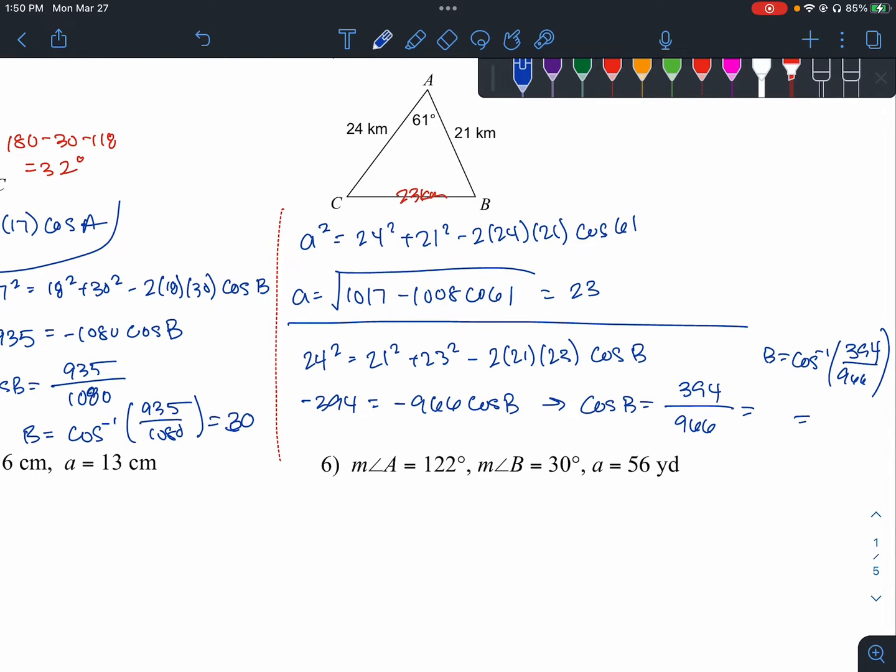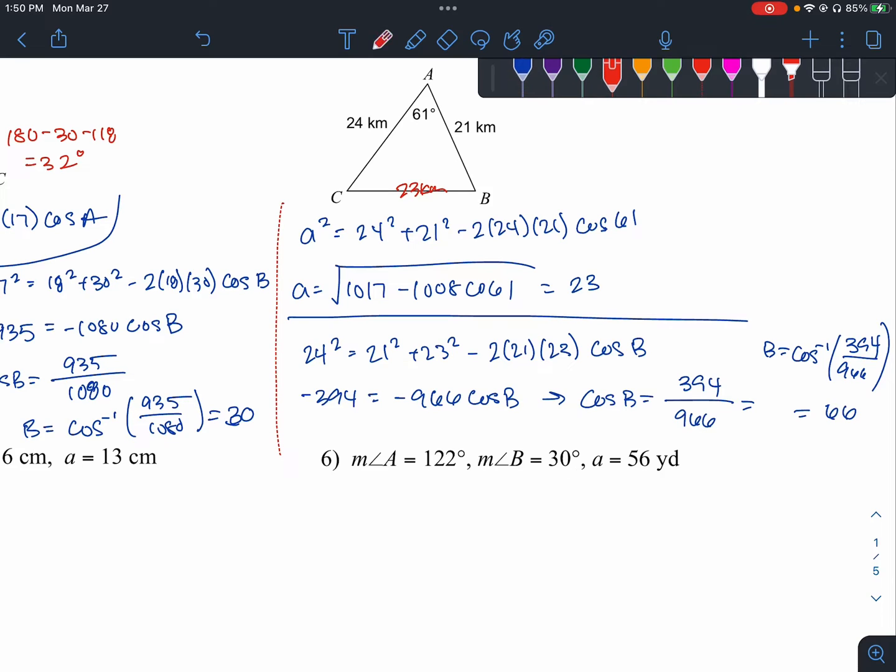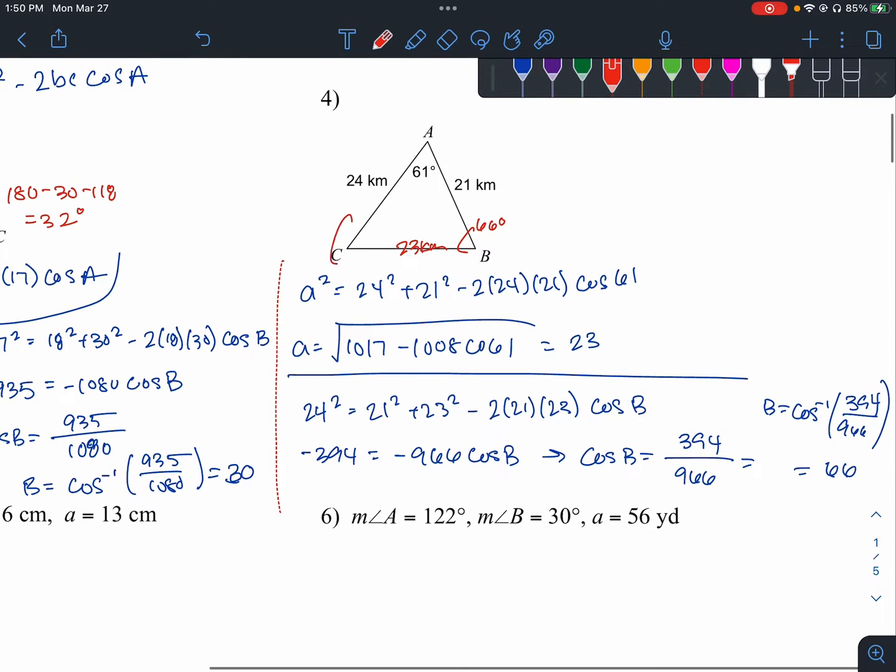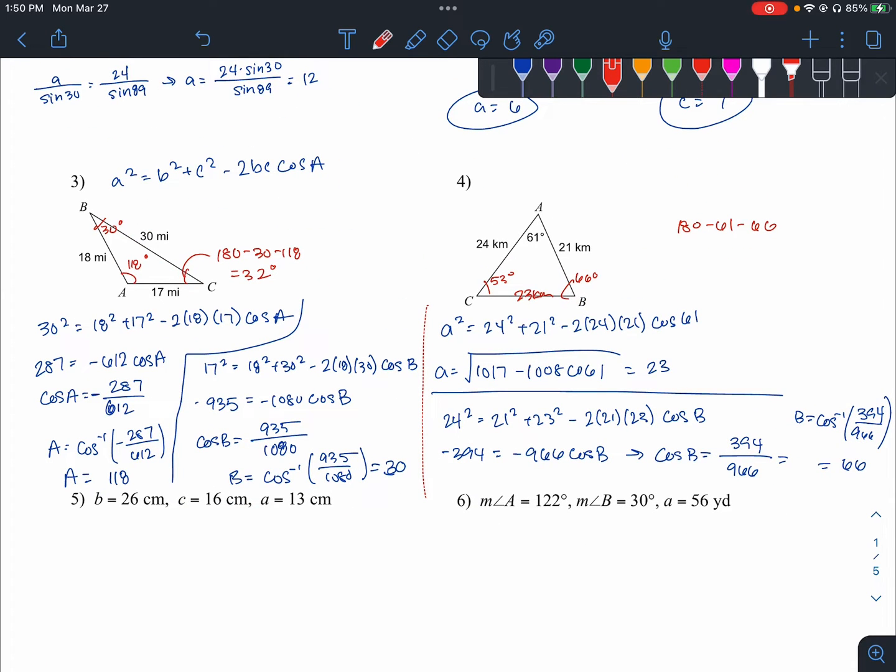We're just going to round that up to 66. Okay, so 66 degrees here. And now to find this last one right here, we'll do 180 subtract 61 subtract 66, and we get 53. Okay, so that's that triangle solved for.